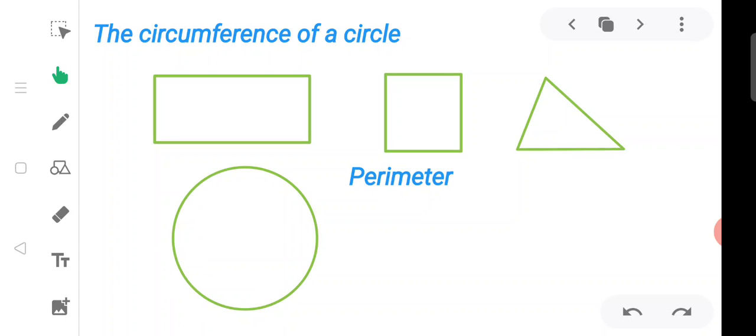For that, take one string or thread and wind the string once around the bowl, making a full circle around it. See, in this way.